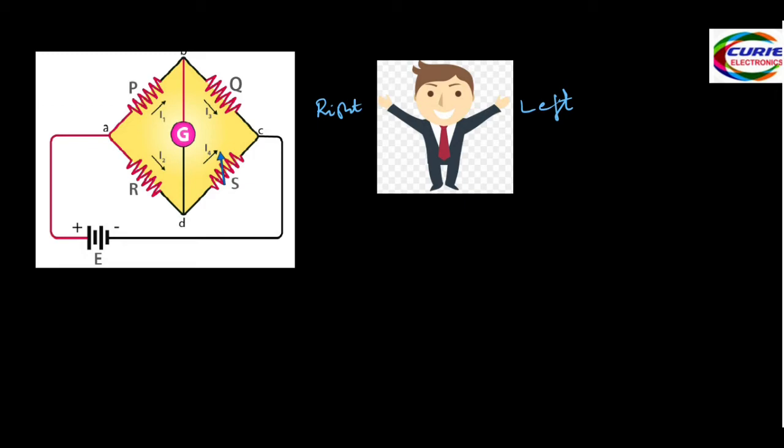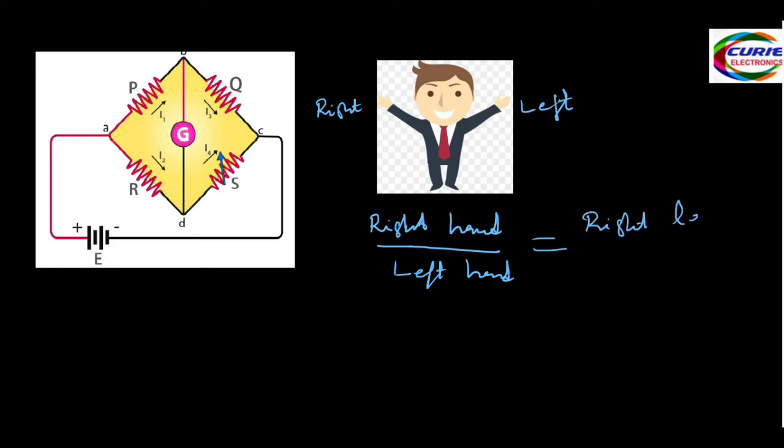You have to write the equation in such a way: right hand divided by left hand equals right leg divided by left leg.